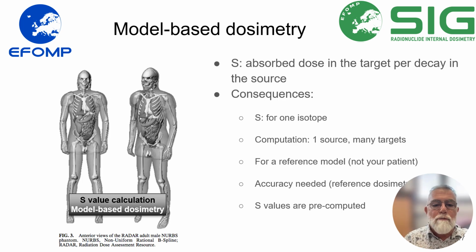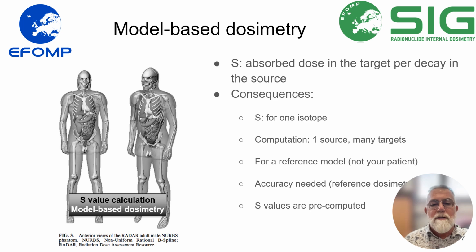There's an example of a recent model. So you have a voxel-based model, very nice looking, but it's not your patient. It's a reference dosimetric model. You compute S value. So for one isotope, you have the same S value because it's the absorbed dose in the target per decay in the source. So the pharmacokinetics is not part of that calculation.